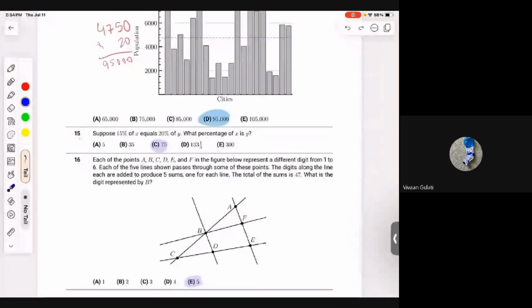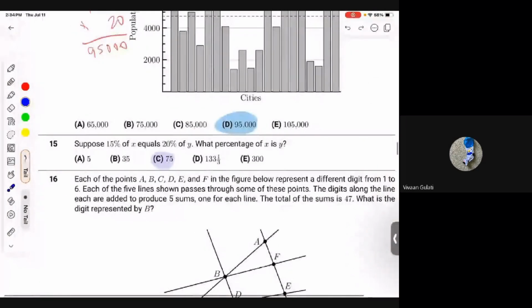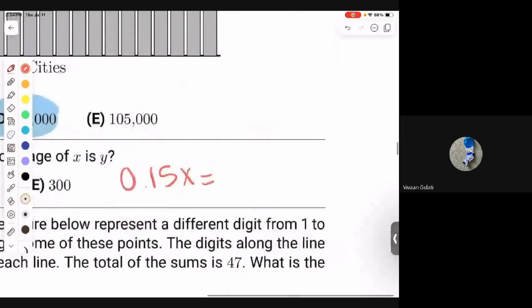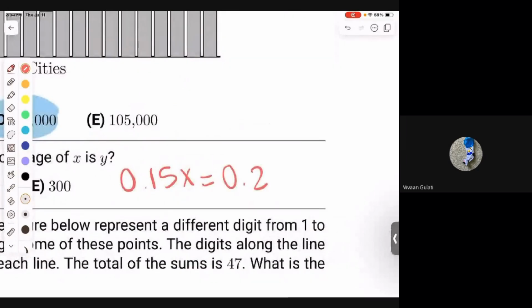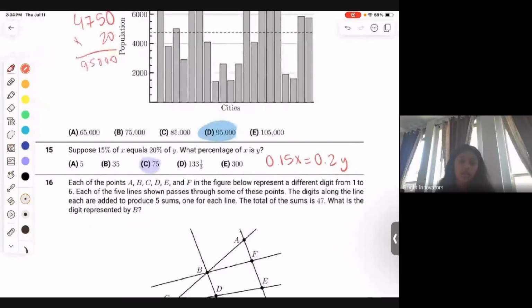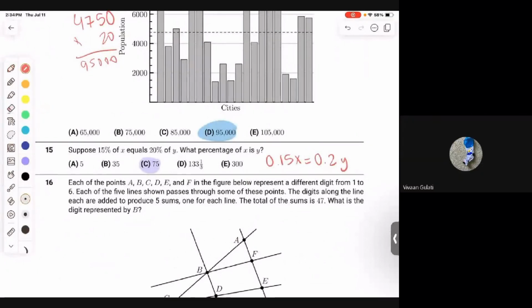So what I did was 0.15x equals 0.2y, and then 0.75x equals y. Wait, and then what was the second step? 0.75x equals y.